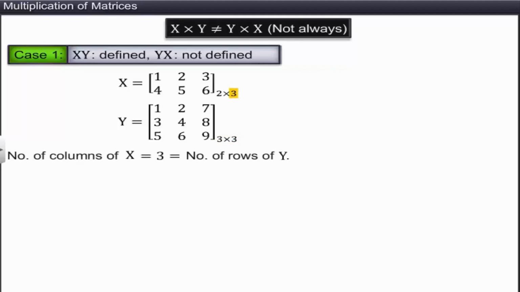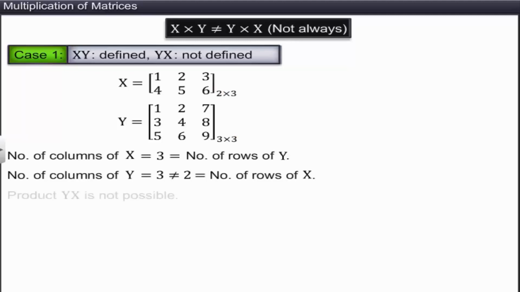Since the number of columns in X is equal to the number of rows in Y, finding the product of X and Y is possible. On the other hand, the number of columns of Y is not equal to the number of rows of X. Therefore, product YX is not possible.